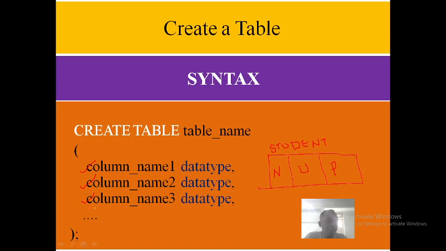And if you have any other things, you can list them out. You can give n number of columns. Got it? Each column name is followed by a data type and then a comma, then you can go to the next column name. The comma is used to separate column names.